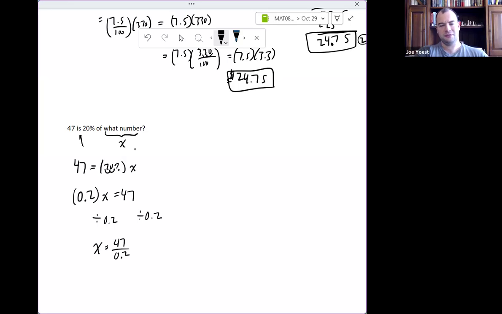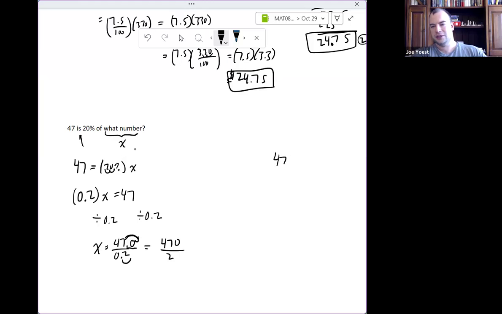Well, I have a division problem with a decimal in the denominator. What do I do here? I want to get rid of my decimal in the denominator, so I move the decimal point one place to the right in the denominator, but I better do that in the numerator as well. My 47 or 47.0, I better move that decimal point 1 to the right. 470 divided by 0.2 becomes 2 when I move that decimal point 1 to the right.